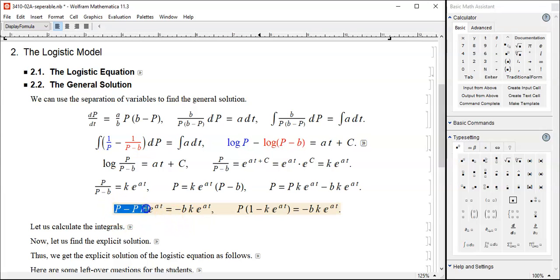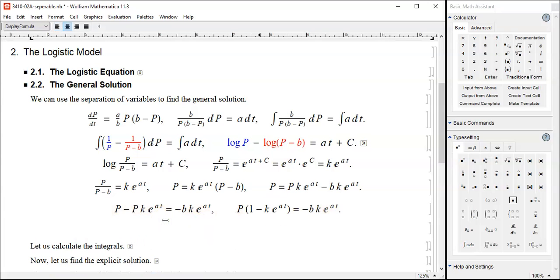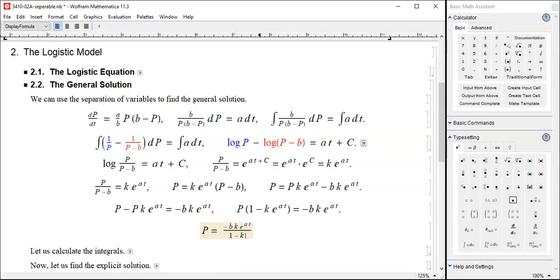Get all the p's in one side, everything else outside here, and then factor p out, and we have only one p here. Here we had two p's, now we have one p. All you have to do now is to divide by this, and I'm going to get the solution. So p is equal to negative b k e to the a t power divided by 1 minus k exponential of a times t. There you go.